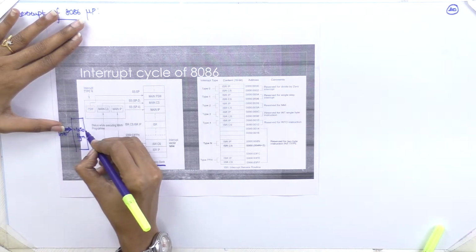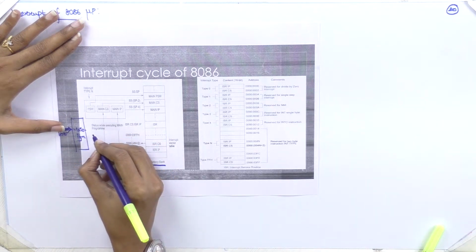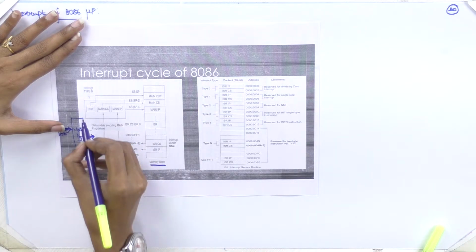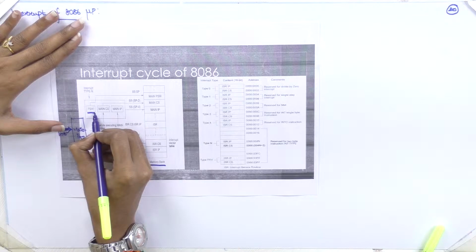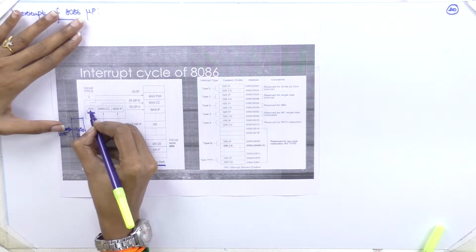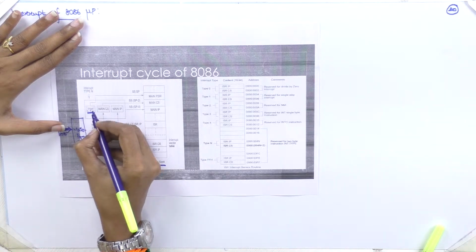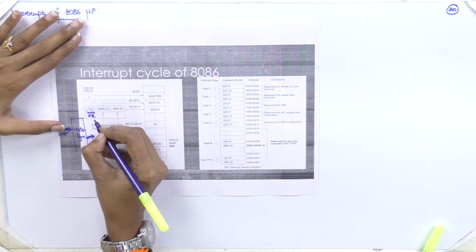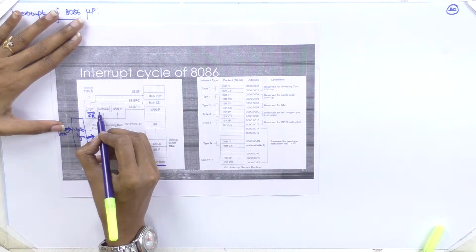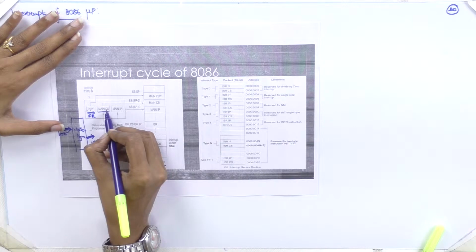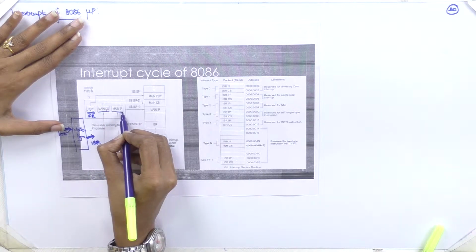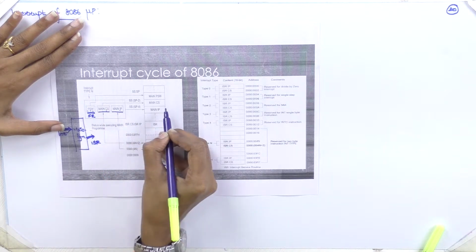When the interrupt occurs, it's supposed to jump to the ISR. Before that, it will store the value of PSW, which is the program status word, nothing but the values of the flag register, then the main program's code segment value and the main program's instruction pointer value into the stack.